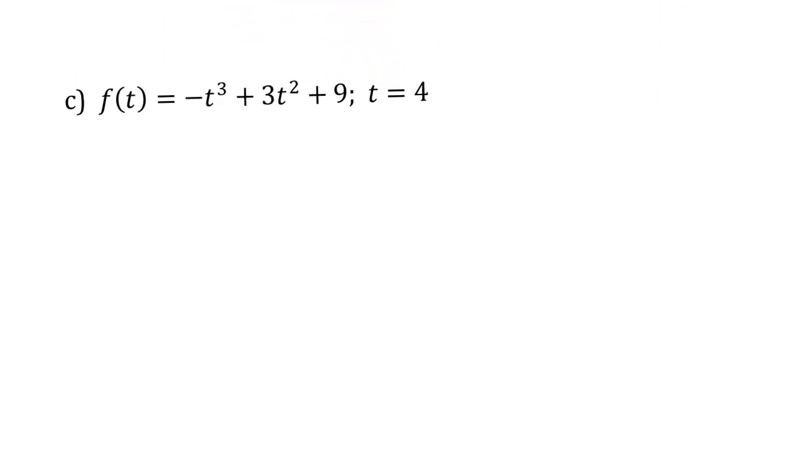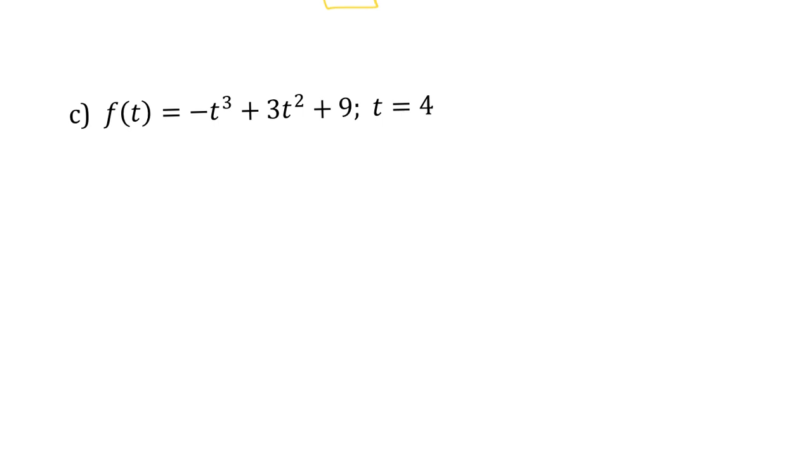Okay, one more. f of t equals negative t cubed plus 3t squared plus 9, where t is 4. Okay, f of 4. Negative. Now you don't have to put the 4 in parentheses here, but you need to be careful because the negative is not in the parentheses for sure. So the negative has to hang out here.